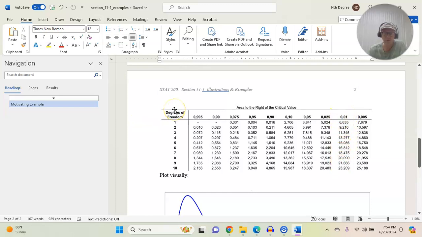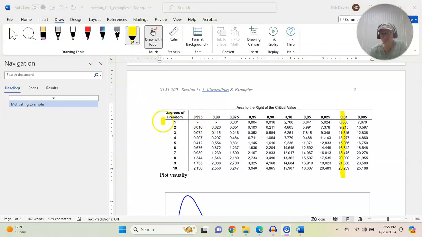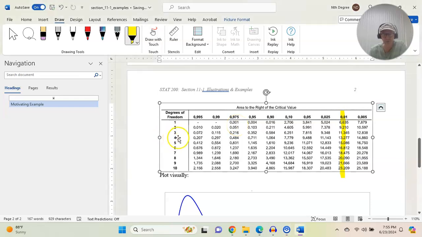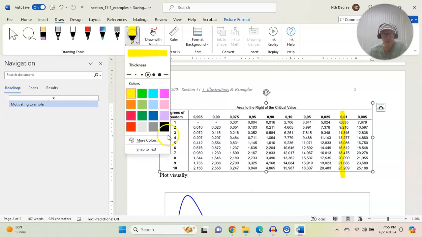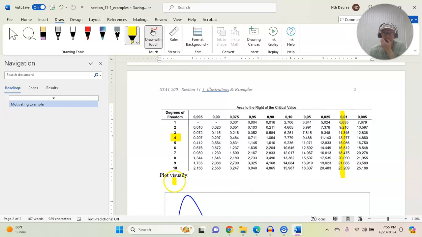The degrees of freedom, again, is defined by the number of categories minus 1. In this problem, we have A, B, C, D, F, that's 5 categories, and that corresponds to 4 degrees of freedom. I'm trying to get fancy with highlighting here.